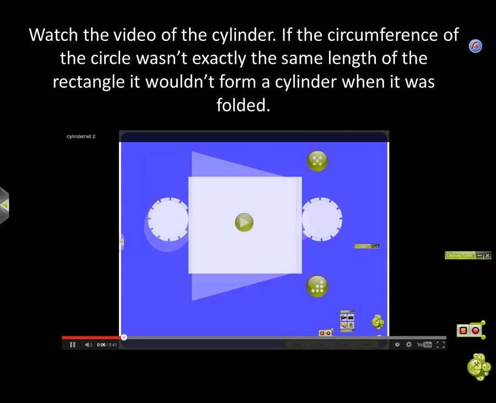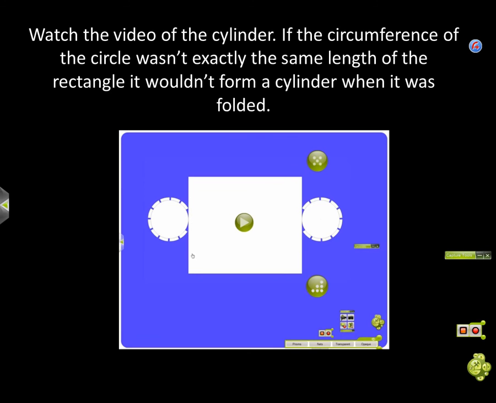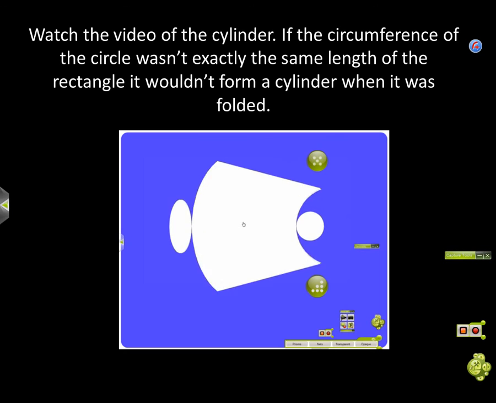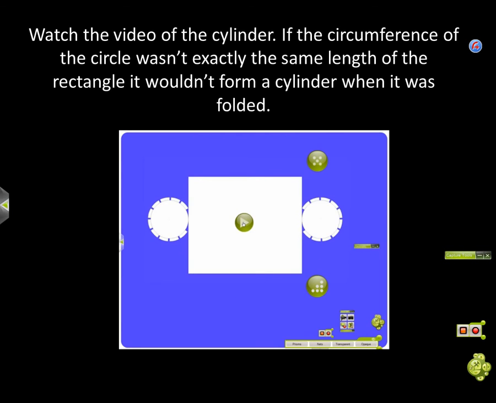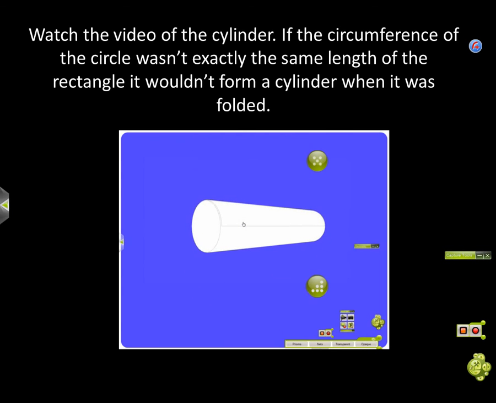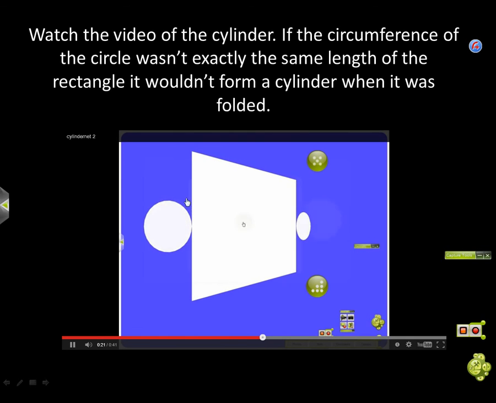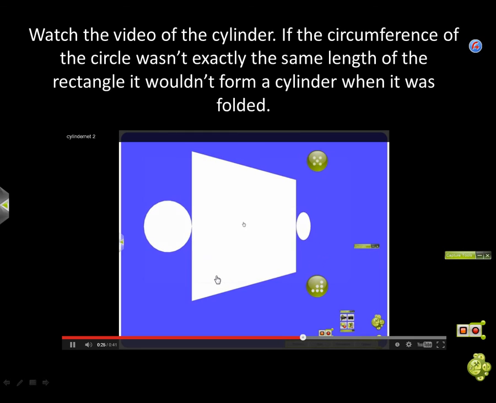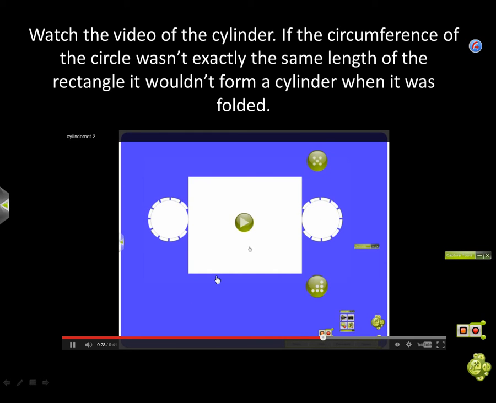This line is the same length as this. The circumference of this circle is the same length of this line. So if we find the length of that line, we'll find the area of the whole rectangle.